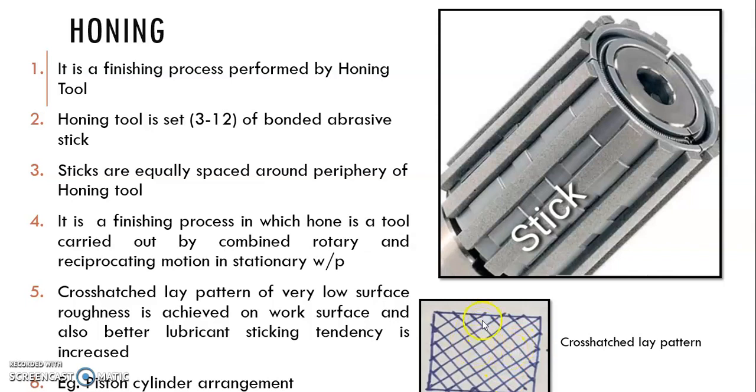The advantage of this cross hatch pattern on the inner hole of the cylindrical portion is better lubricant sticking tendency. Lubricant will remain in these void spaces between the texture, so that your piston will move inside the cylindrical hole very easily.